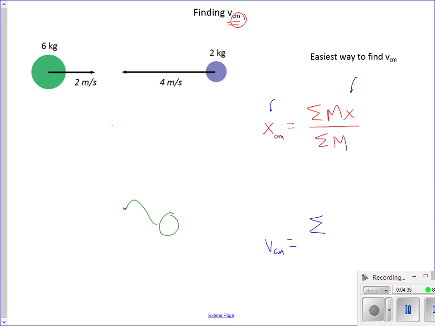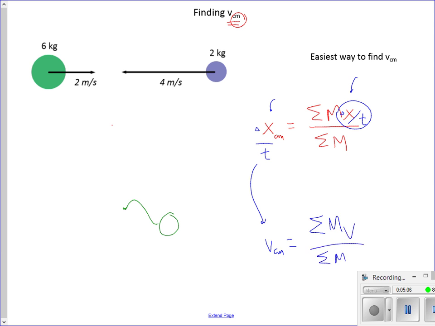What we're really doing is asking what if we looked at the rate of change of the position of the center of mass? We'd have to look at the rate of change of the position of each mass. This is VCM, delta x over t. So we do the sum of the mass times not the position, but the rate of change of the position, which is the velocity of each of those masses, and we divide by the sum of the masses.